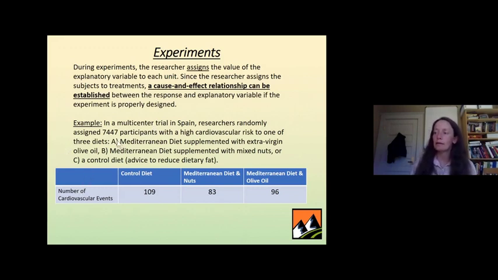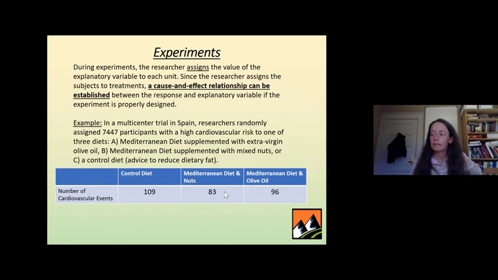They had 7,447 participants with high cardiovascular risk, and they assigned them randomly to one of 3 diets: A, Mediterranean diet supplemented with olive oil, B, Mediterranean diet supplemented with nuts, or C, a control diet, just advice to reduce dietary fat, but not the Mediterranean diet.